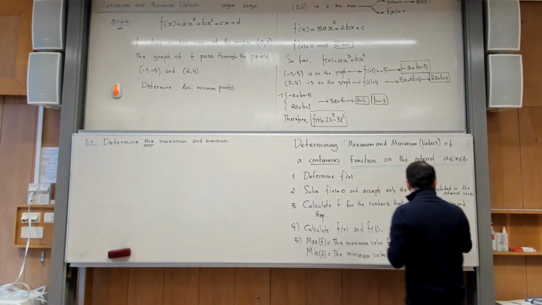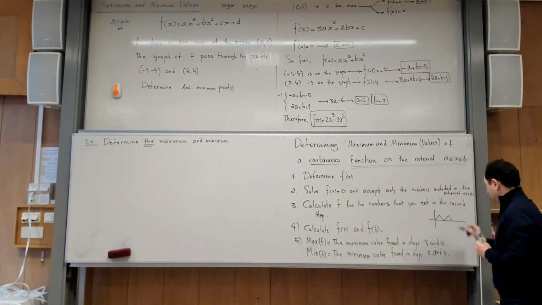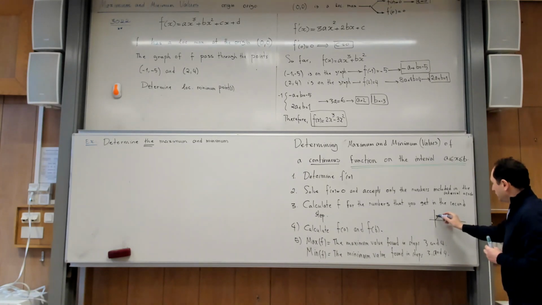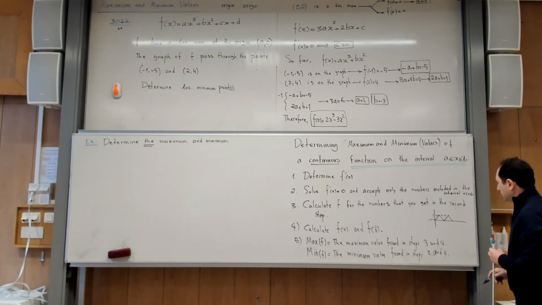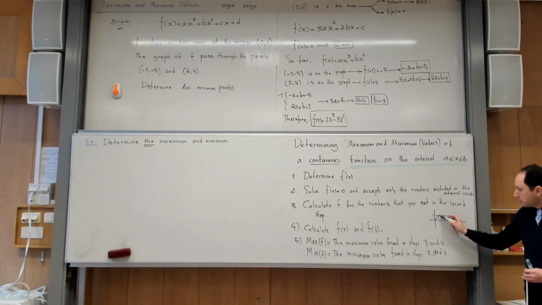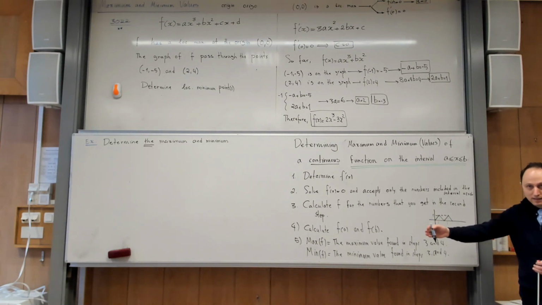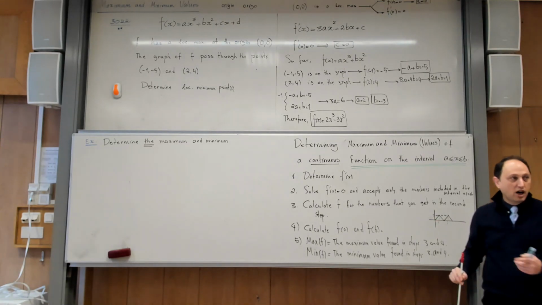Yes, you see, I can have this scenario. For example, if this is 1 unit, this is also 1 unit. What is the maximum of this function? It is 1. I can say the maximum, not a maximum. But this might occur here at 1, and it might occur here at 2 as well. So it might still happen at different places, but I cannot say I have a maximum.